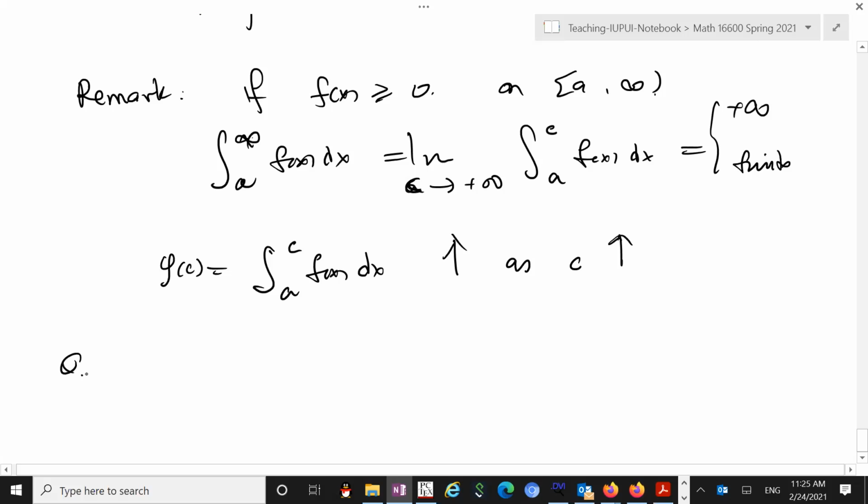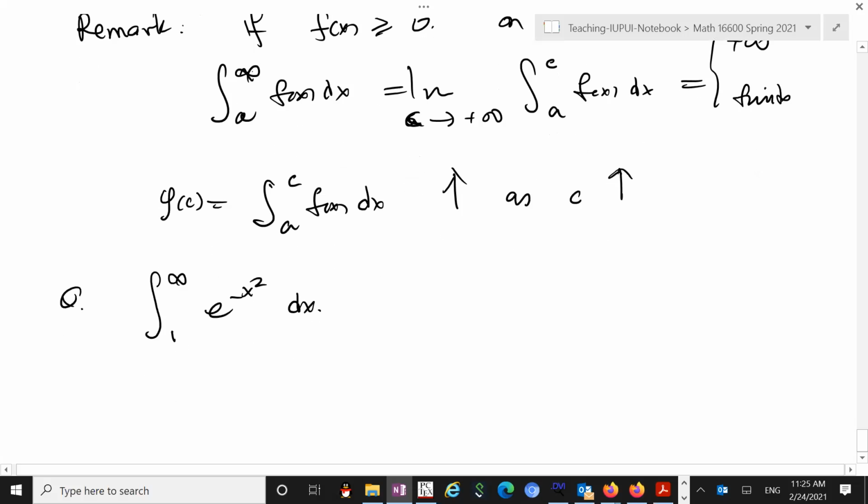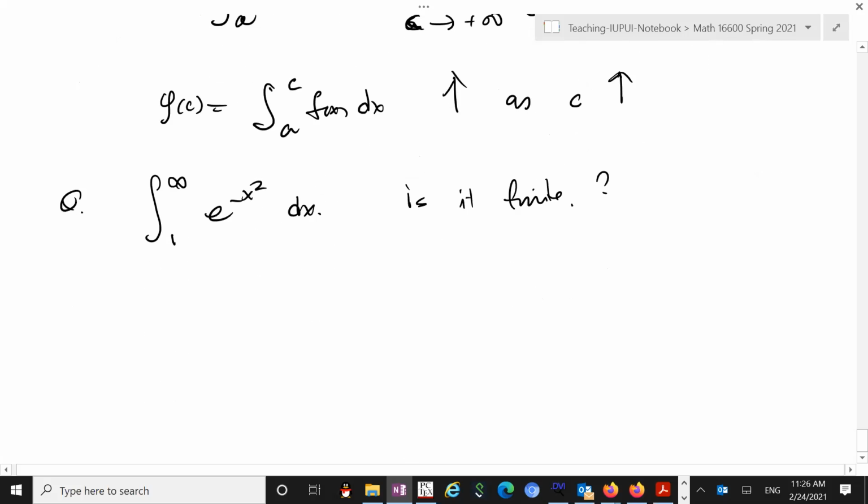Now, how about the integral from 1 to infinity of e to the negative x squared dx? Is it finite? And how do you see that? When it's finite, it means we say it's convergent.